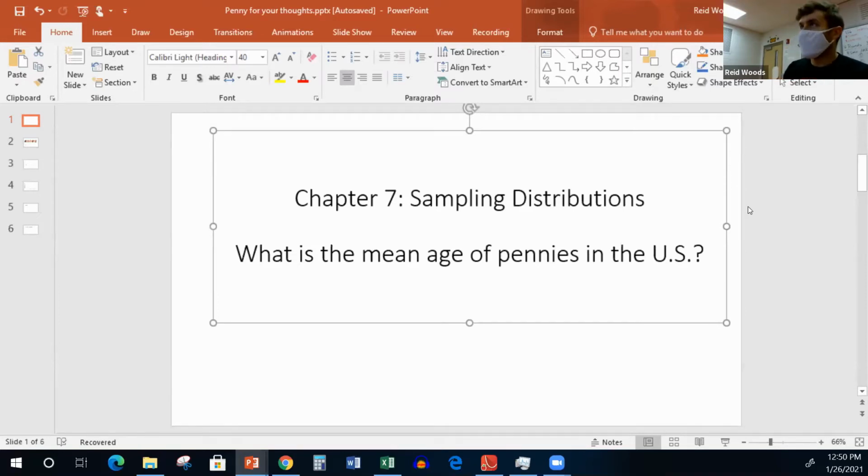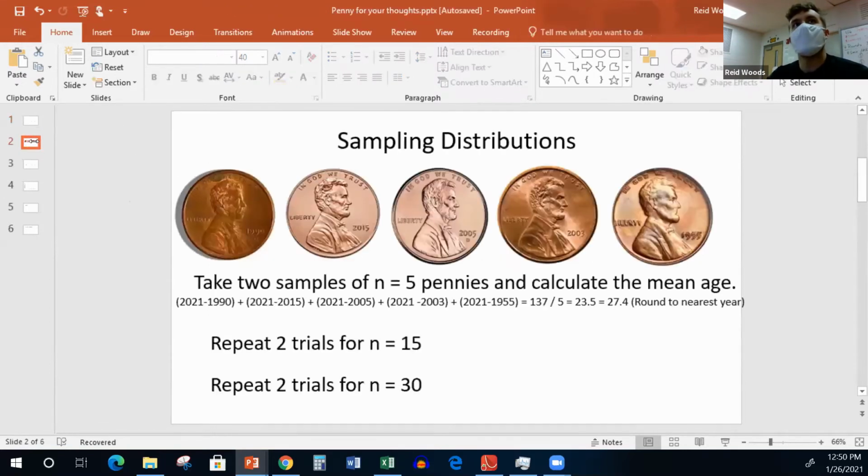So to start class off today, we are going to be calculating the average age of pennies, all right? So I'm gonna explain how we wanna do this, and you guys are gonna grab your calculators and do this with me to start. You have 6 bags, and Hannah at home, you've got 100 pennies ideally. We're gonna break these into groups of 2 bags that have 5 in them.